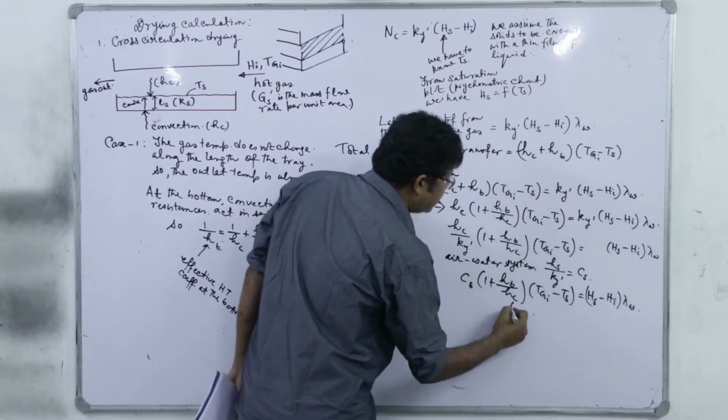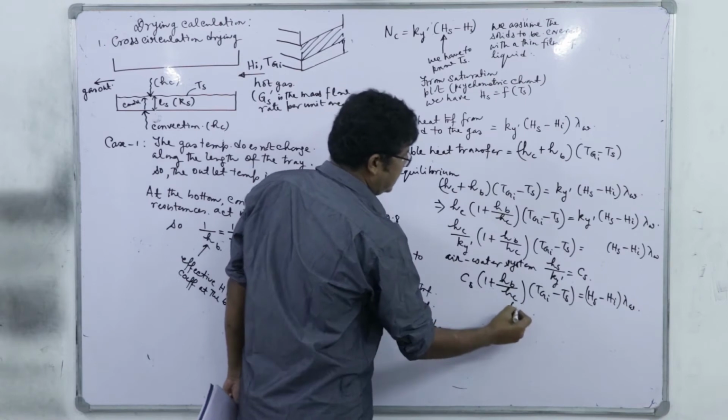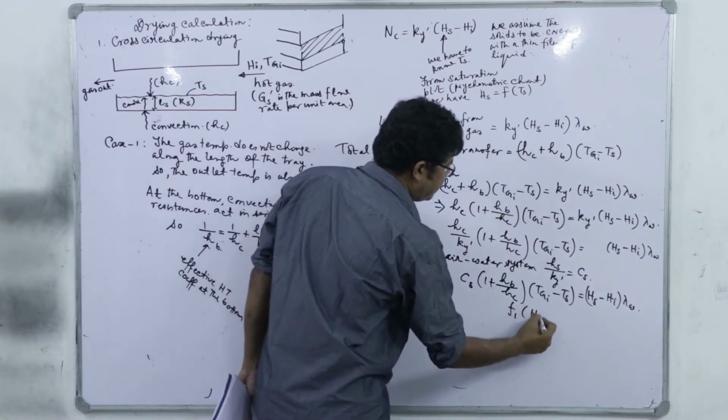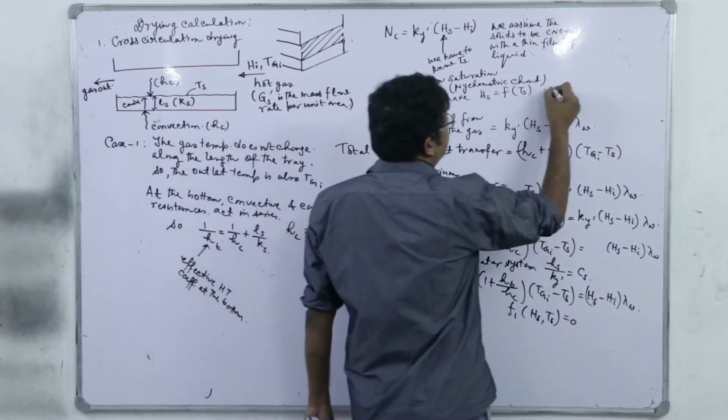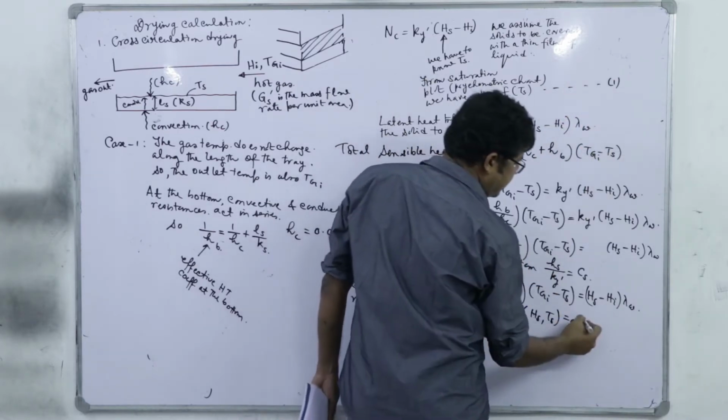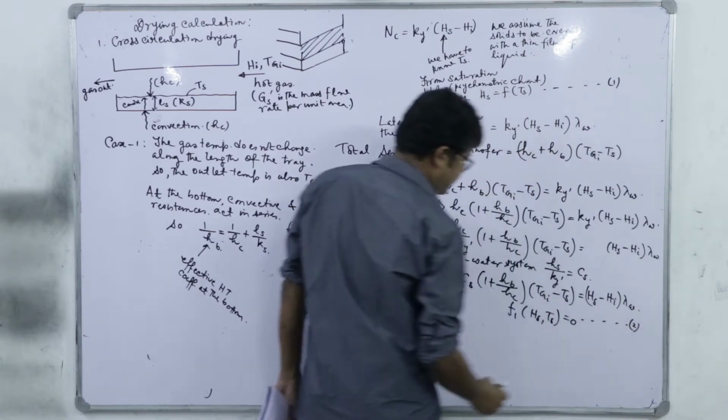So this is altogether a new function, say it is f1 of Hs and Ts, right? So we have equation 1, we have equation 2.